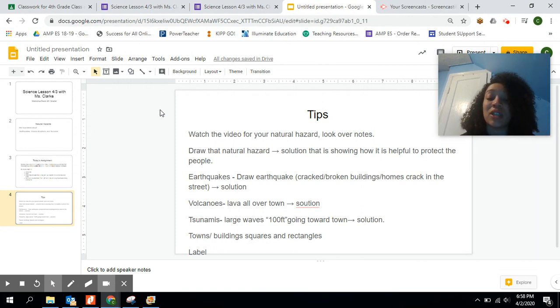So if you want to also explain next to your solution how that's a solution, draw a little bubble or something next to it, that's cool. Be creative, label your work, be that scientist. You are preparing a town, trying to protect the town, but you also want someone else to be able to read your work, right? You always want someone else to be able to look over your work and understand what you're talking about.